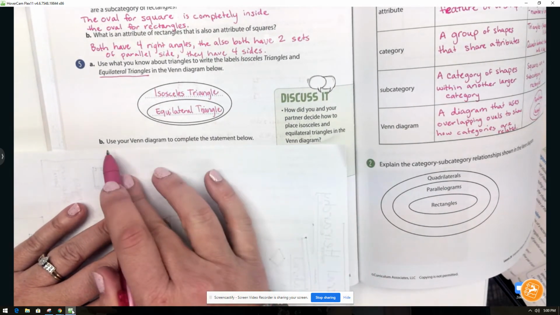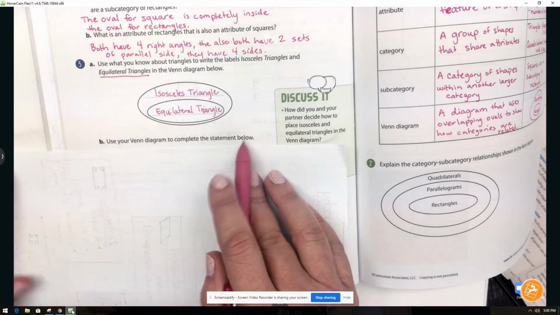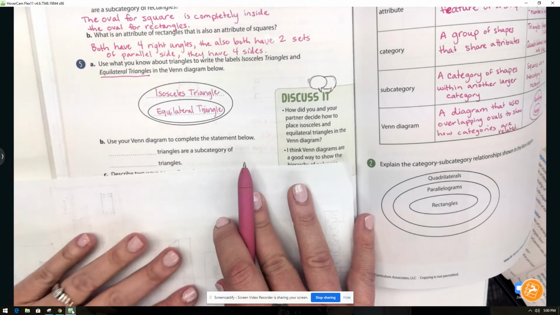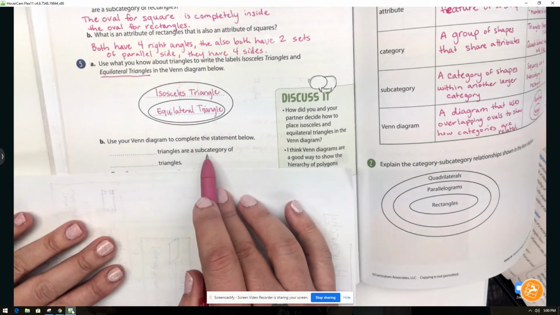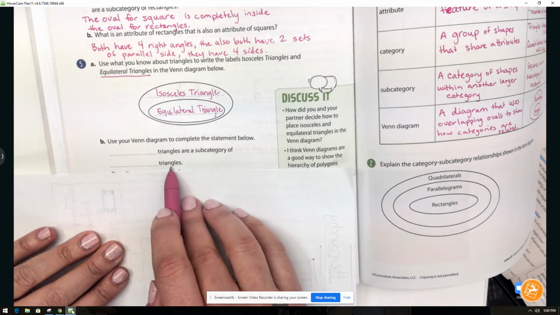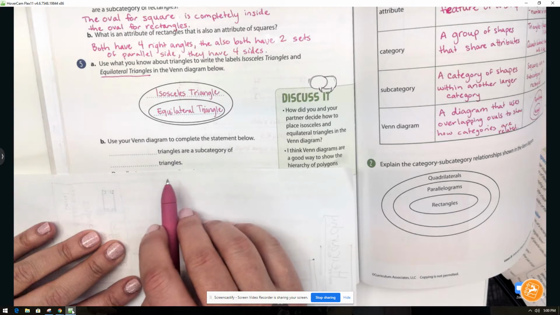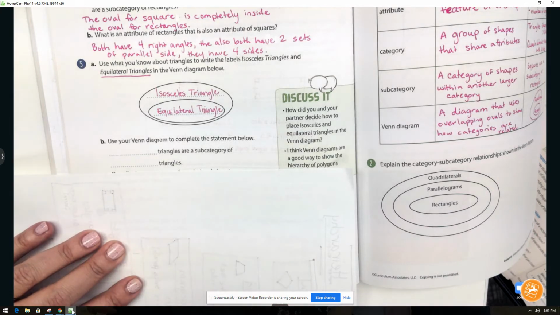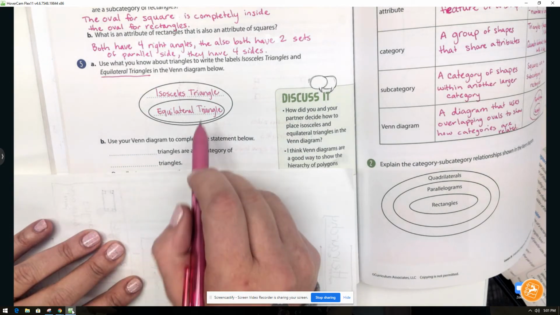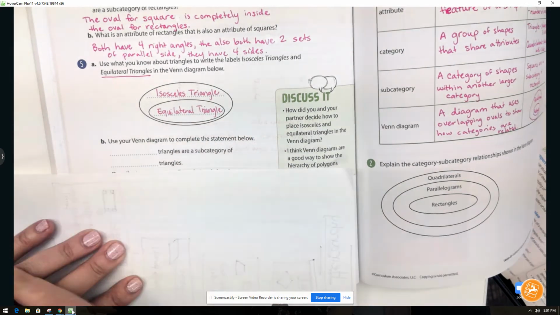So if we're going to use our Venn diagram to complete the statement below. Blank triangles are a subcategory of blank triangles. So remember, the subcategory is the category that's inside of another category. So what is the subcategory?